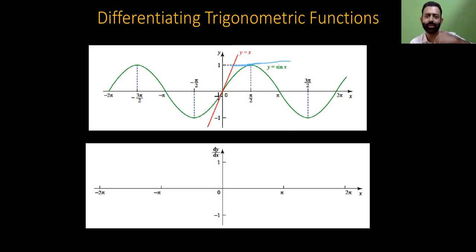What will happen after pi by 2? From 0 it is going to decrease, but in the negative direction. Value-wise the slope is again going to decrease, while magnitude-wise it is going to increase.